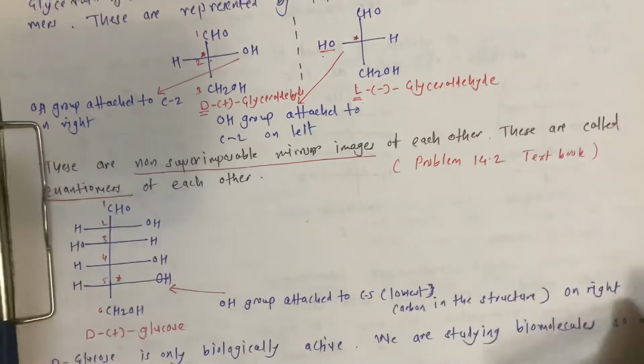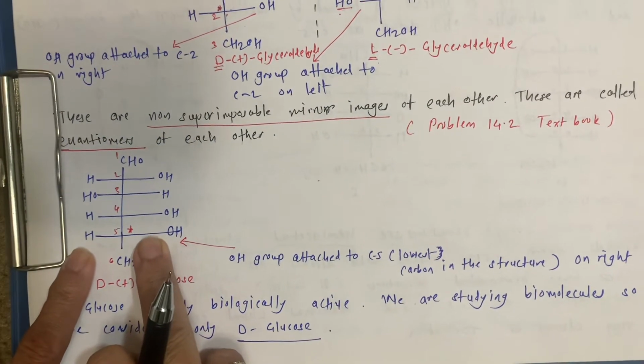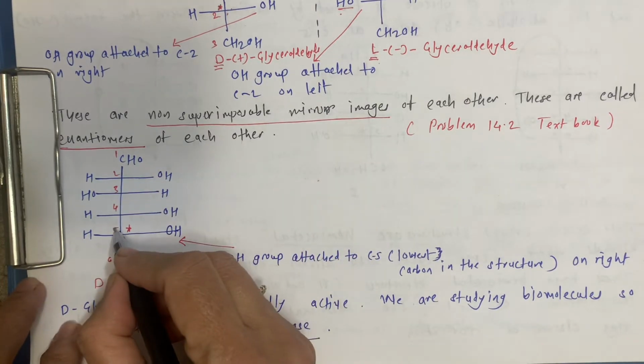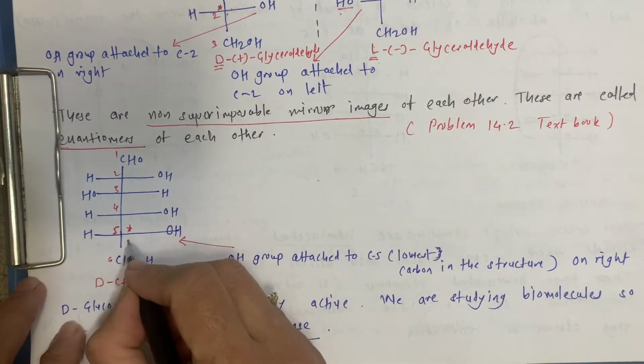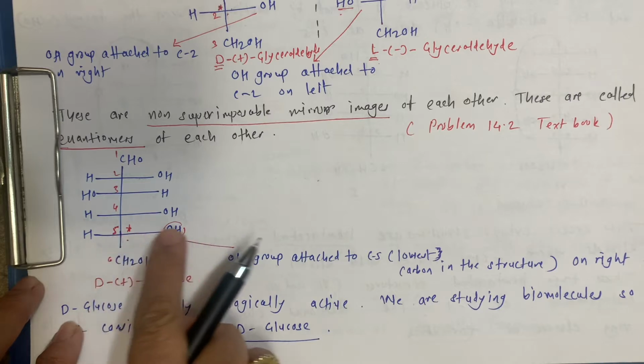Okay, so now see here. This is our glucose. Which is the lowest one now here? 1, 2, 3, 4, 5. This is the lowest chiral one. And where is this OH? This OH is to the right of this chiral carbon.